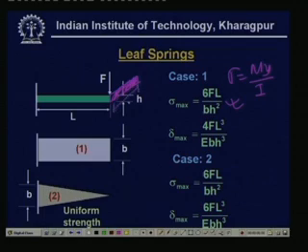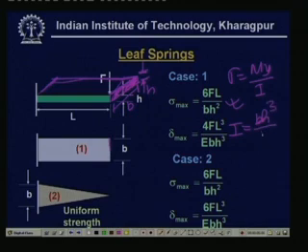Now, this is your B and this is your H. Okay. So, this is the B, what you can see. If you look from the top, this is the width portion B, and this is the H. So, correspondingly, the moment of inertia I comes out to be B H cube by 12.